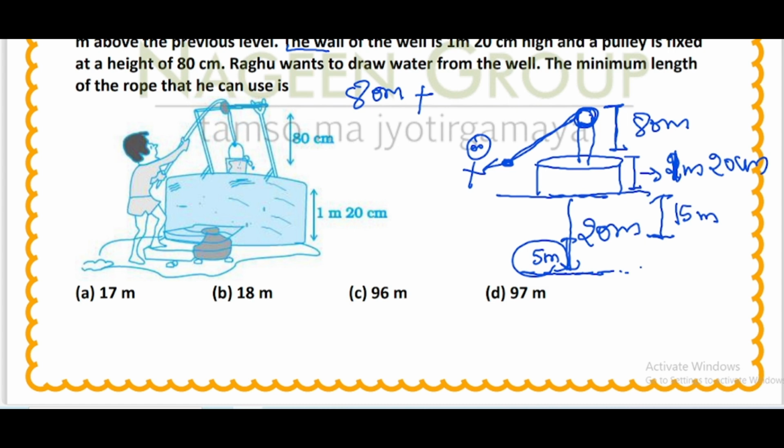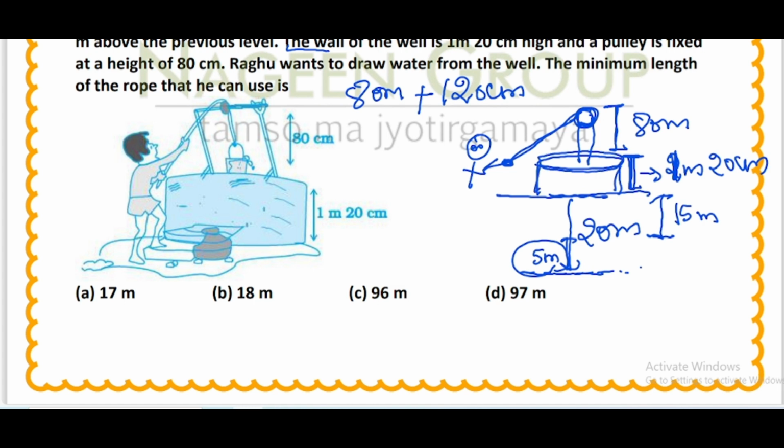Then same as 1 meter 20 centimeter, it means 120 centimeter of rope is needed to cover the wall of the well.